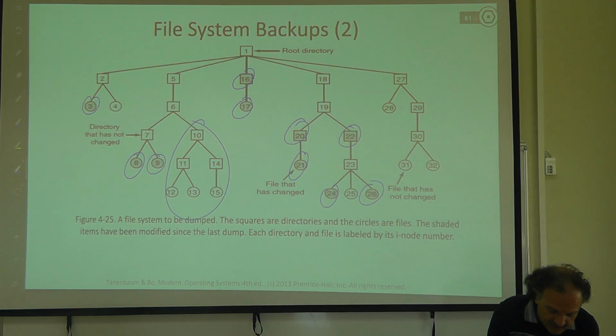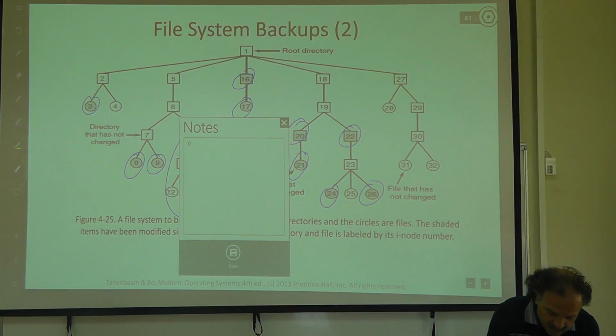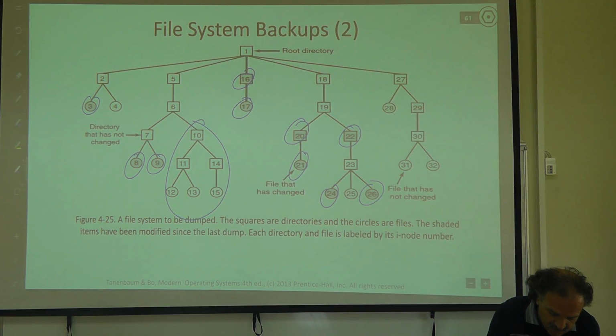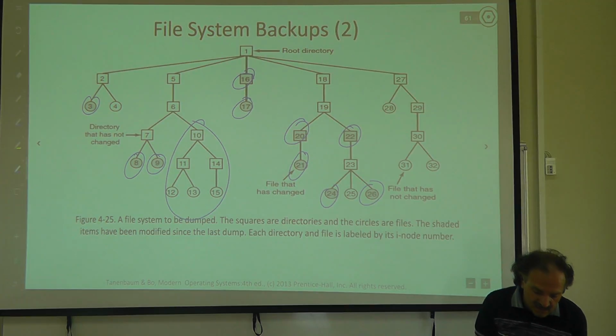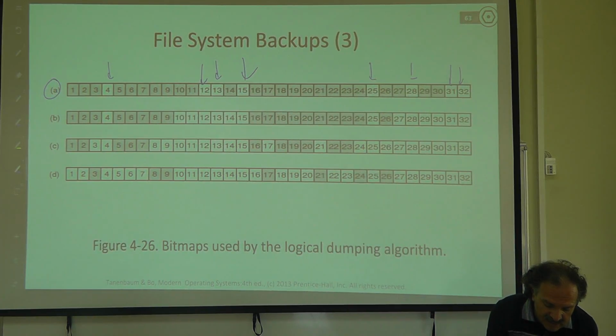So let's look at them. 1, 2, 3, 4, 5, 6, 8. Only 8 files. How about this? This is not 9. Okay, 8 or 9 files, I don't know. There are 8 or 9 files that are not modified, so they are not marked. The rest of them are marked.